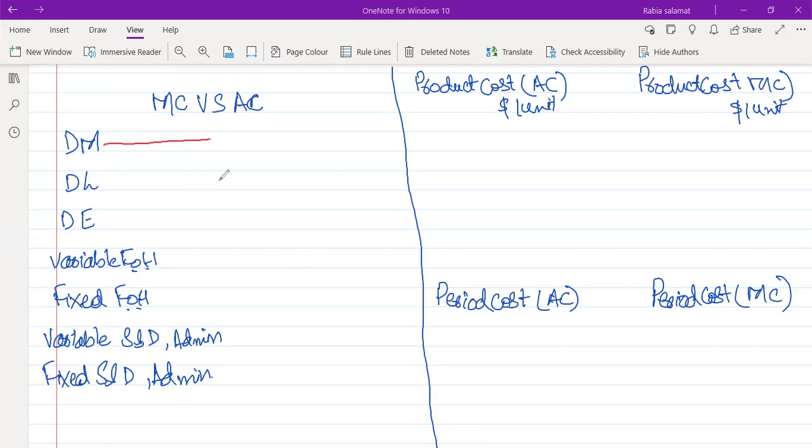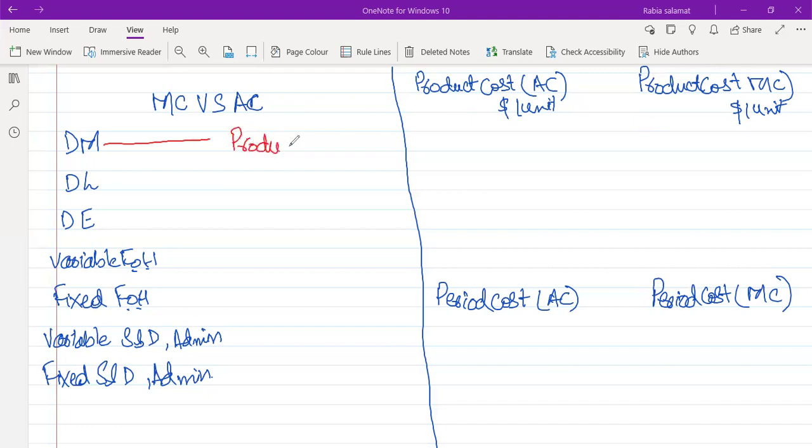In general accounting, we said direct material is part of the product cost. Now we have to decide in absorption costing whether direct material is product cost or not.